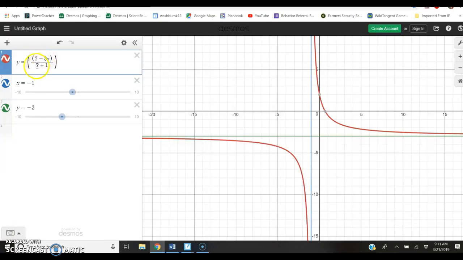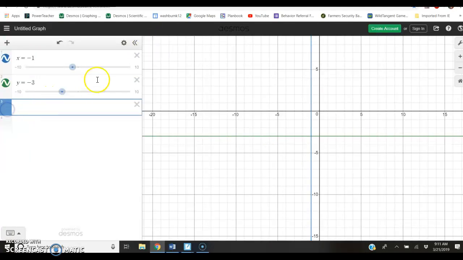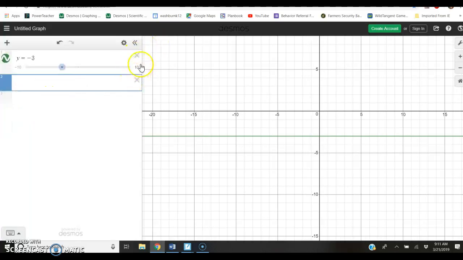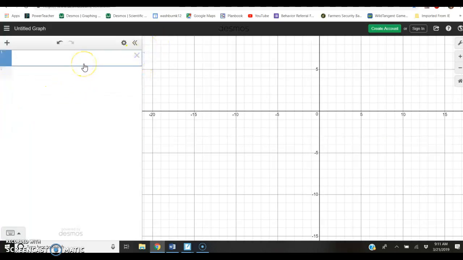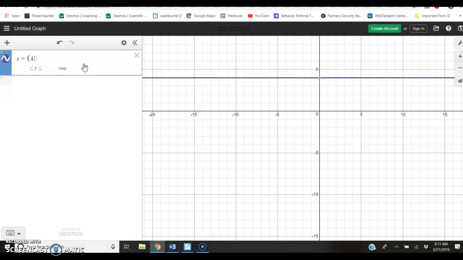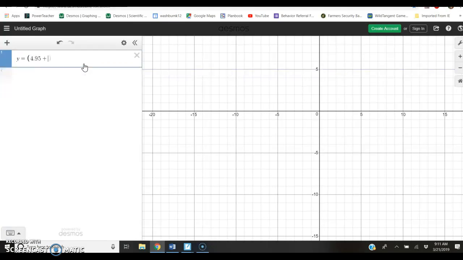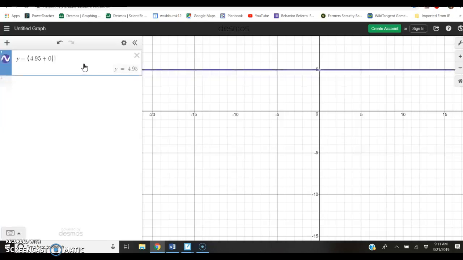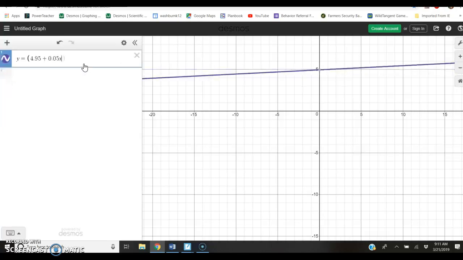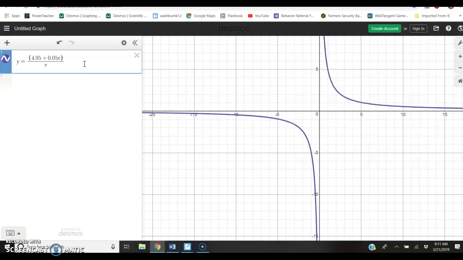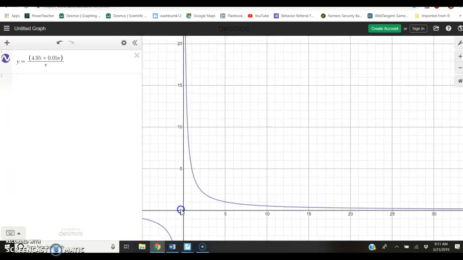I want to delete that, sorry. Okay, and I could delete these too. There we go, okay. We got to use Y equals 495 plus 0.05x divided by x. Now this side of the branch makes no sense, so we could just do this.